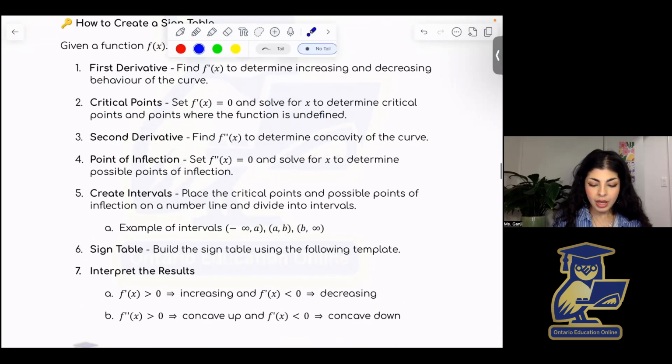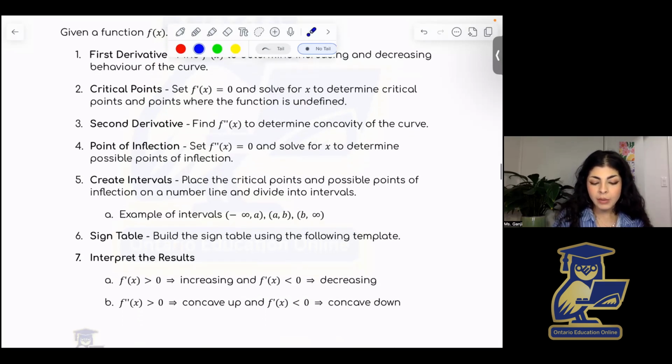And also where the function is undefined, perhaps your asymptotes, those will also be used to divide your table up. Then we find the second derivative, and this is going to help us determine concavity. So we're just testing the second derivative based on those intervals, and we can use that to find our points of inflection. So yes, we find where it's equal to 0, and we have possible points of inflection.